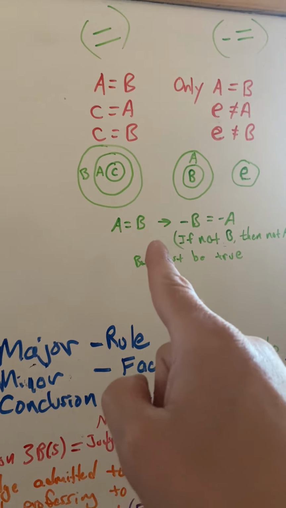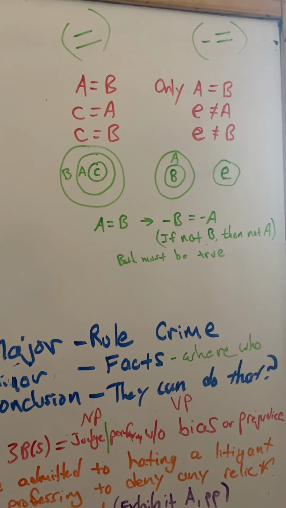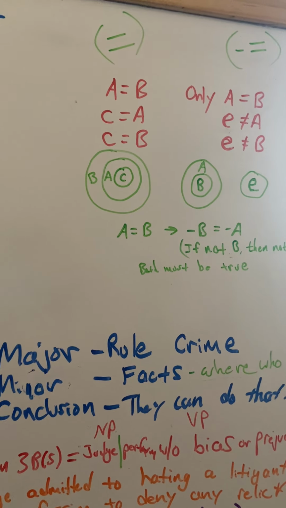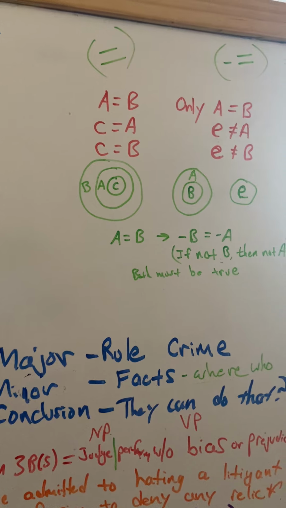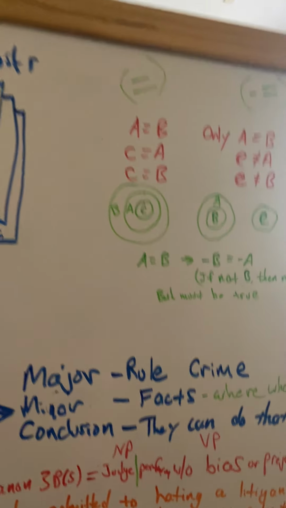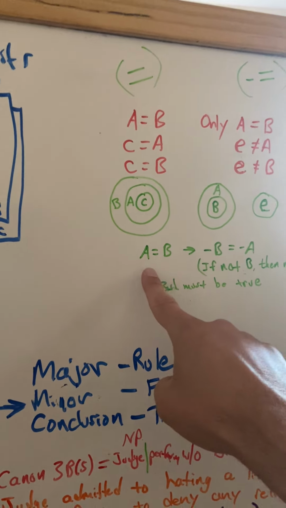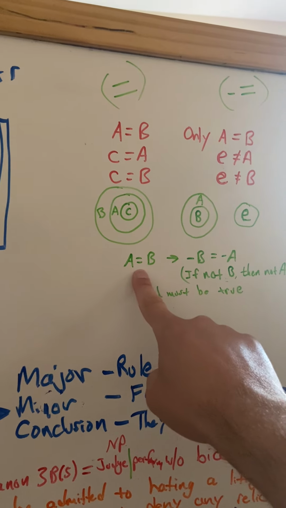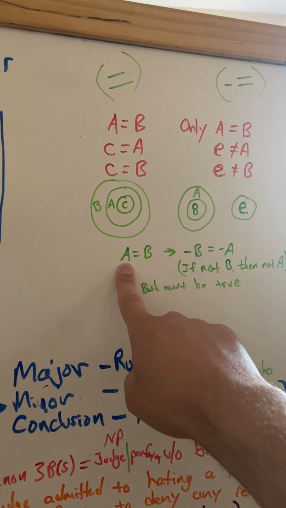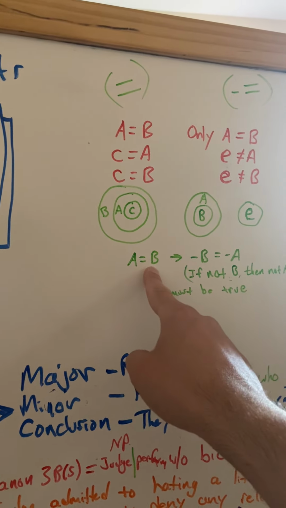If A equals B, then if it's not B, then it's not A. All right. And they both must make sense. Like, you say, if a child throws something at their parent, then that means that the other parent is a bad person.